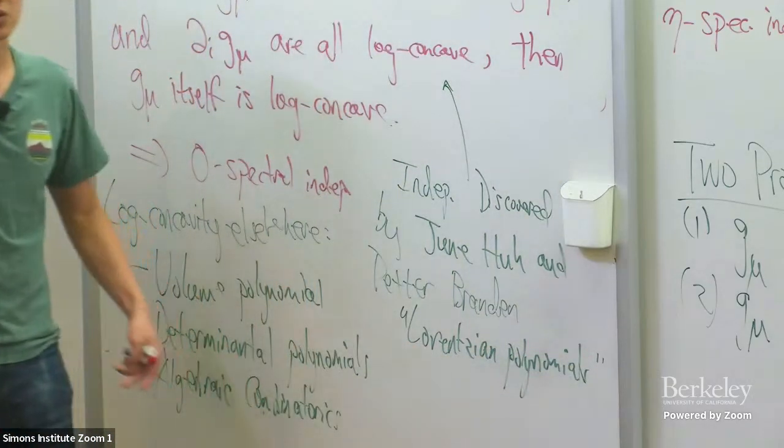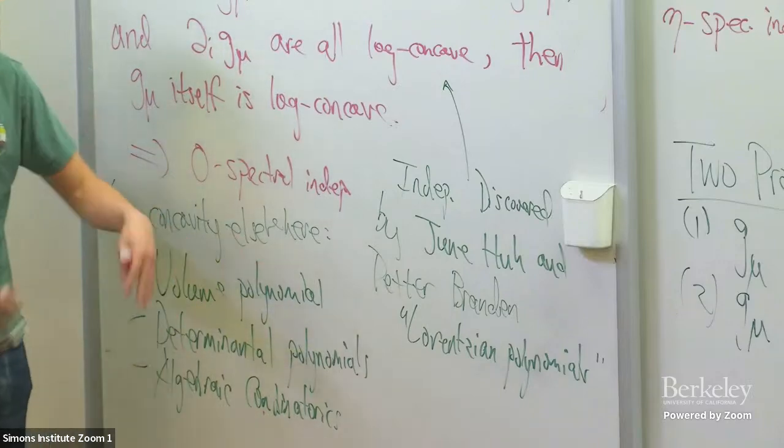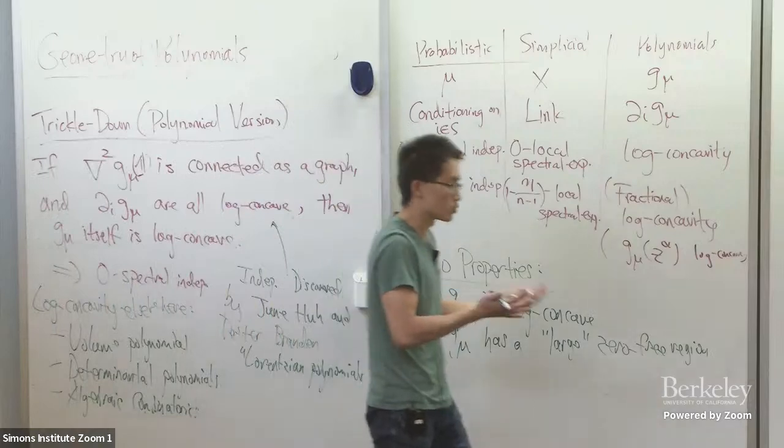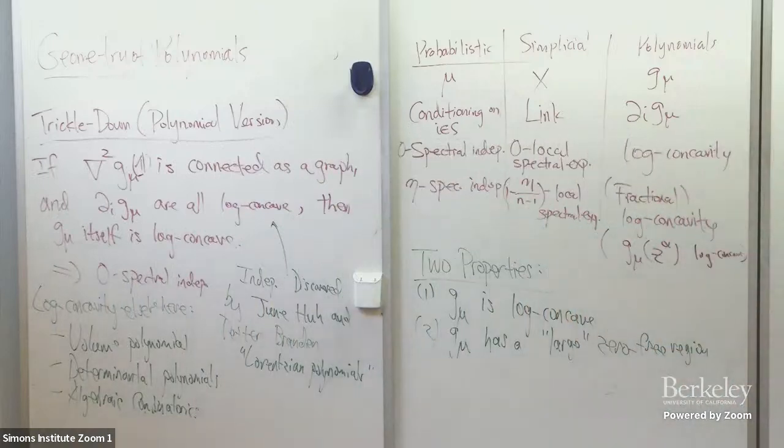Since then, they've used it for a lot of applications in algebraic combinatorics, but I won't get into it. Even though you can prove everything using trickle-down, the polynomial framing puts it in perspective with respect to many other log-concavity phenomena that appear.